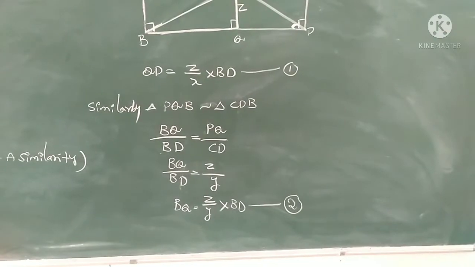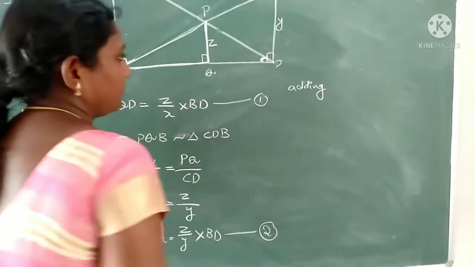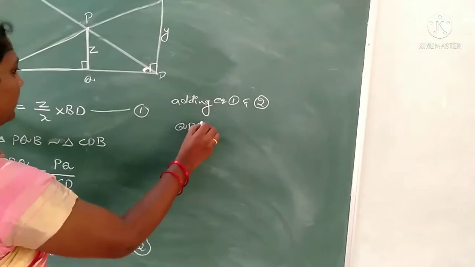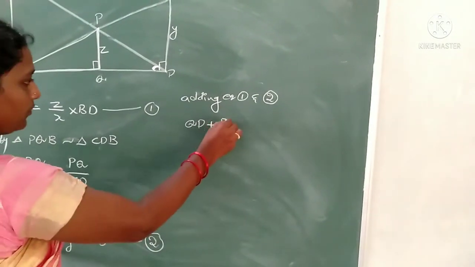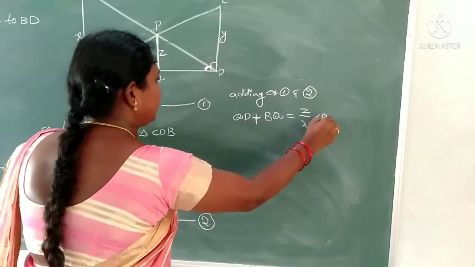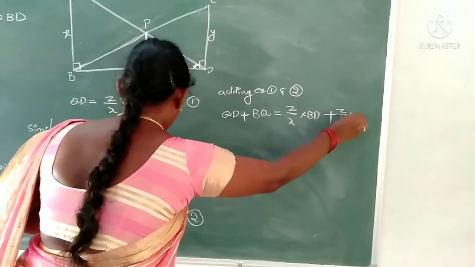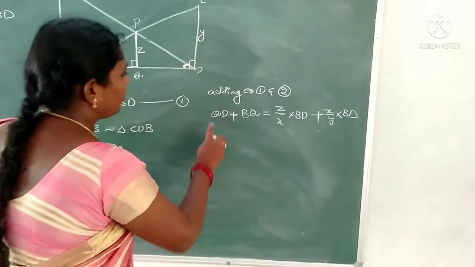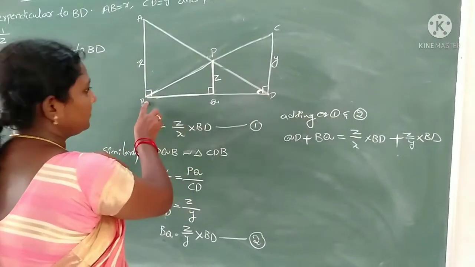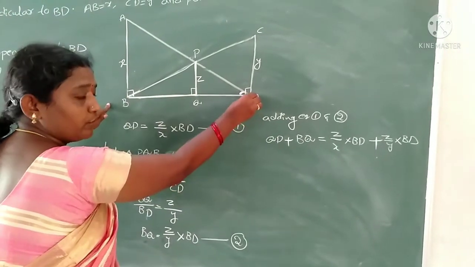Now adding equations 1 and 2: QD plus BQ equals z by x into BD plus z by y into BD. From the figure, QD plus BQ is BD.